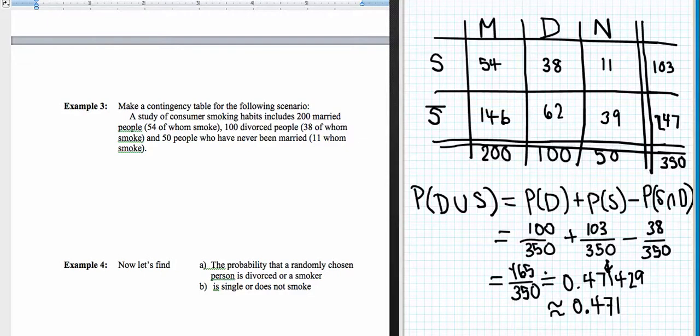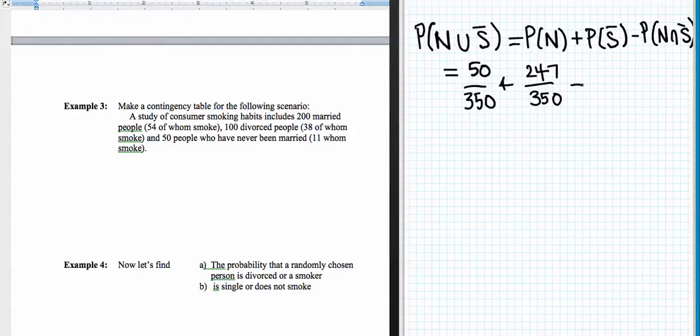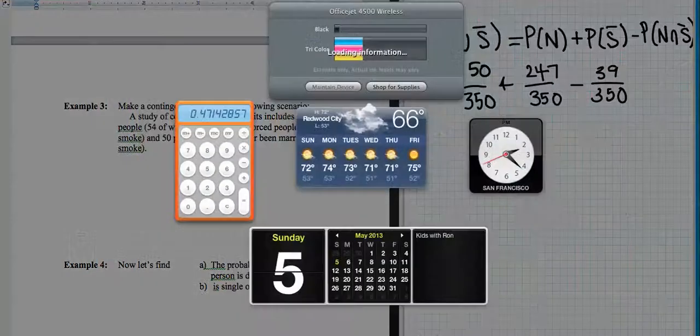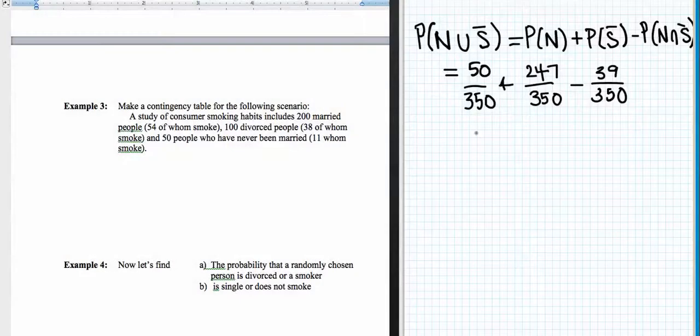So 39 out of 350 have both sets of characteristics that we counted twice. So we'll subtract these out here. So we have 50 plus 247 minus the 39 of overlap. And that gives us 258. So that's 258 out of the 350.